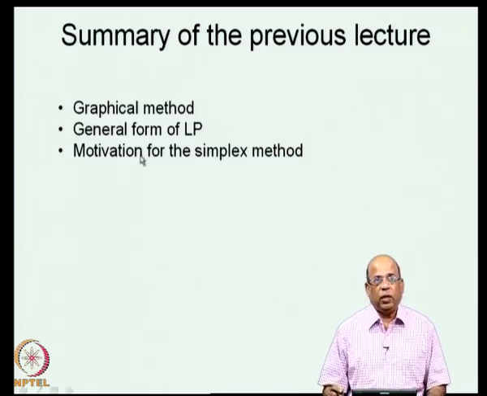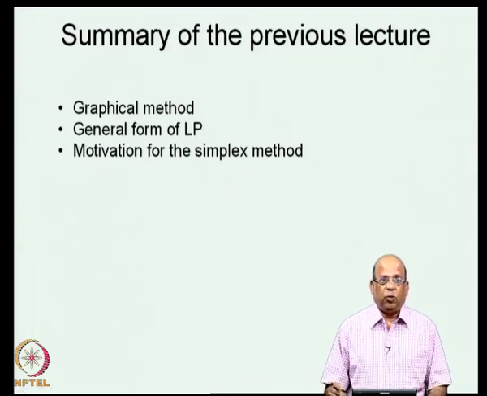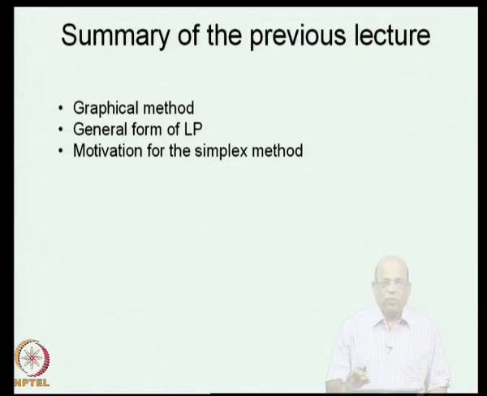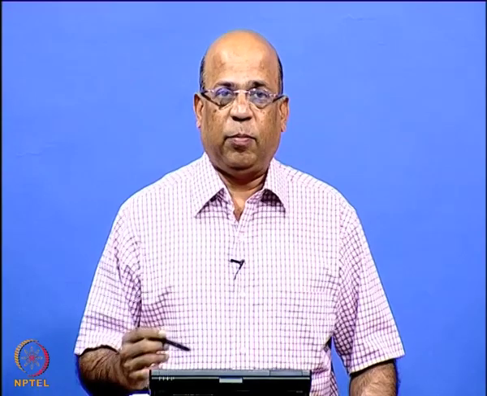What we will do now is take a simple two variable problem, solve it with the graphical solution, and then see how we can relate the graphical solution with the algebraic solution. So, let us consider this problem which I introduced towards the end of the previous lecture.